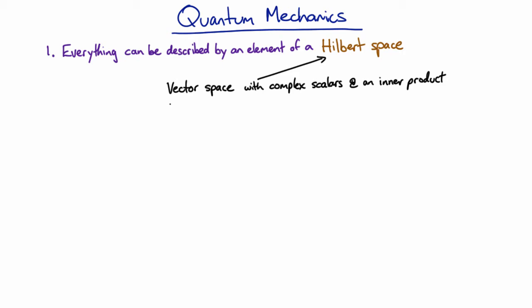Now, our vector space means that anything can be in a superposition, and the best description of that, or any particular vector space, is its set of basis vectors, in which case any state can be written as a linear superposition of those basis vectors.